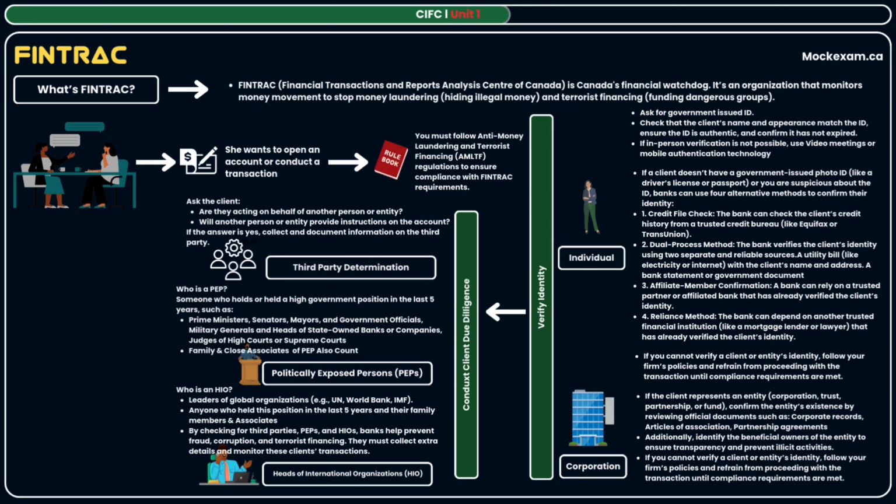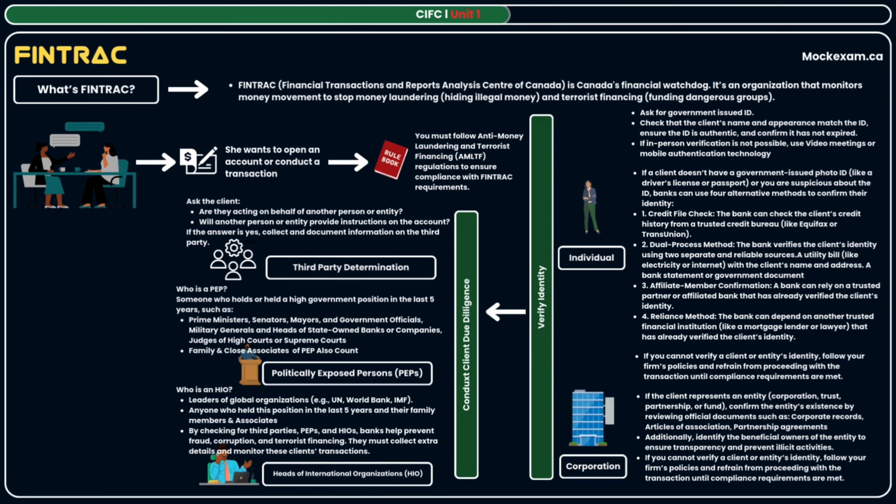Let's wrap it up. By checking for third parties, PEPs, and HIOs, banks help prevent fraud, corruption, and terrorist financing. They must collect extra details and monitor these client transactions. So we had a normal client, individual, normal corporation. We identify those clients.